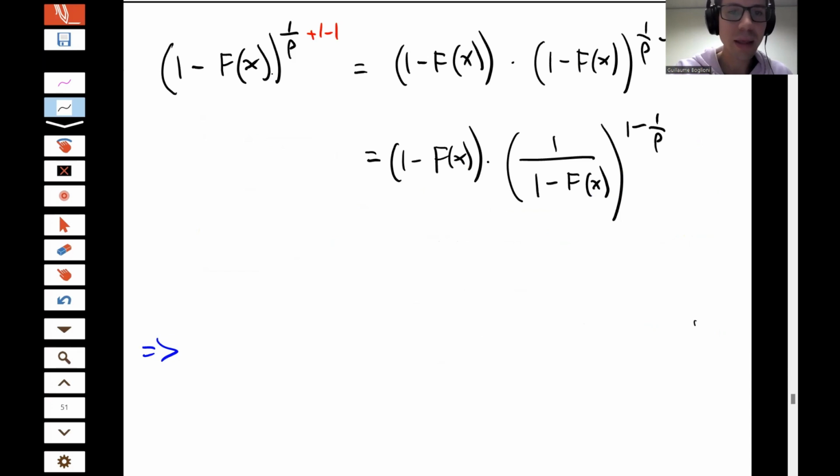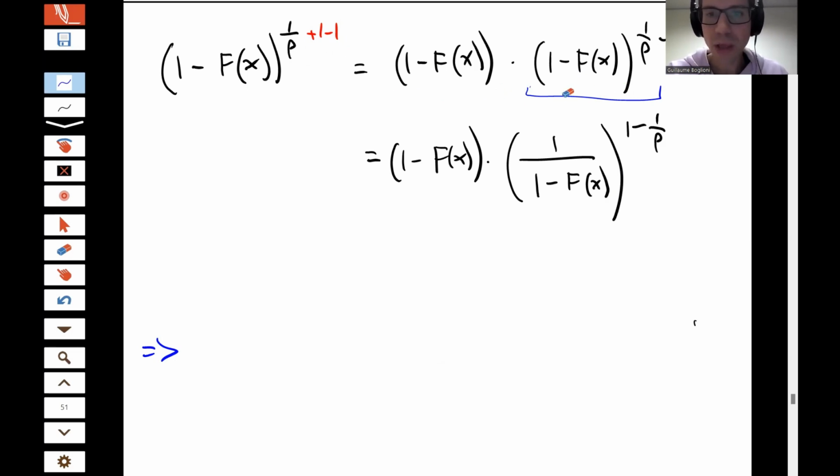Meaning, I want to show that (1 minus fx) to the 1 over rho is always bigger than 1 minus fx. Well, I add 1 and subtract 1, so I haven't changed anything. But why do I do that? Then I can put 1 minus fx in front, and what is left over is (1 minus fx) to the power of 1 over rho minus 1.